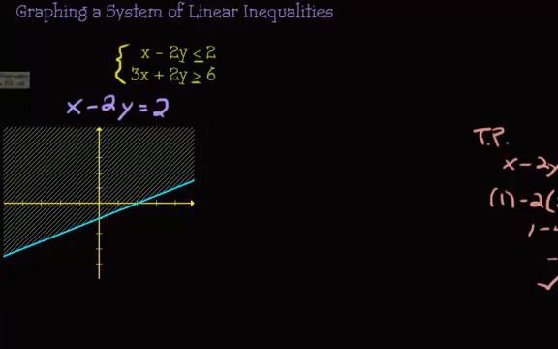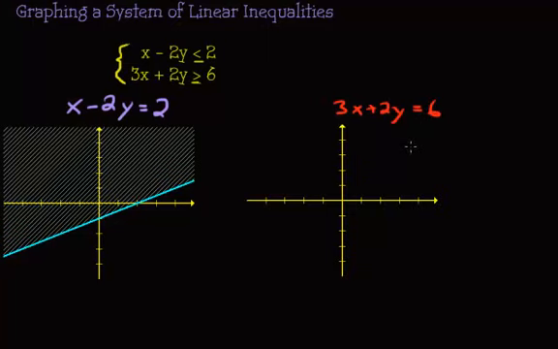Okay. So now let's graph 3x plus 2y equals 6. Now this equation is also in general form, so we can use the intercept method. So let's let x equal 0. And if you let x equal 0, then we just have to solve for y. You'll see that y equals 3.